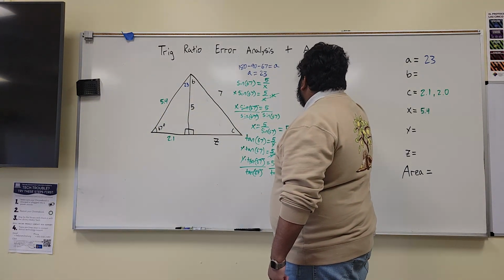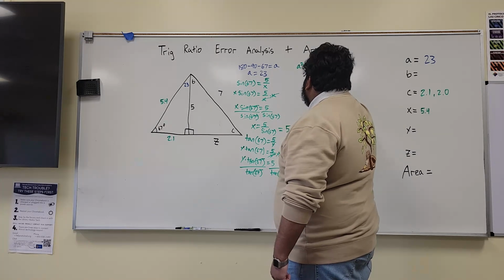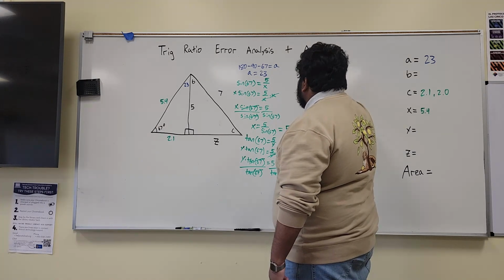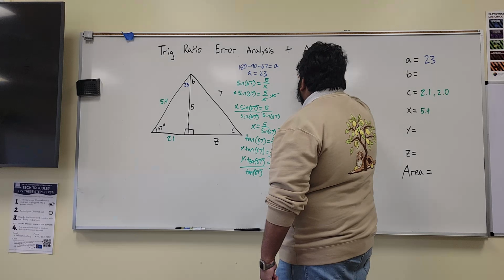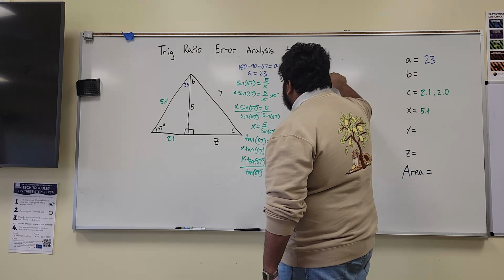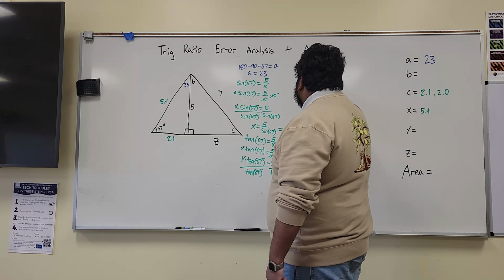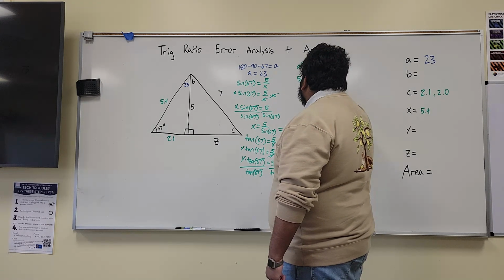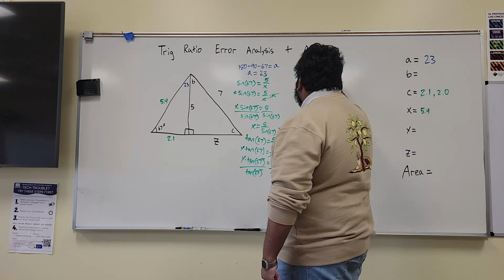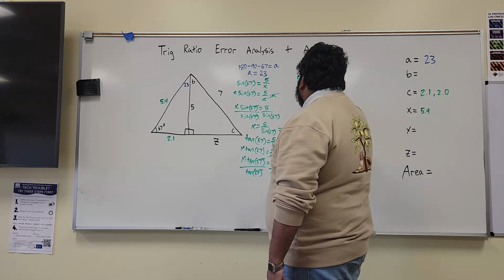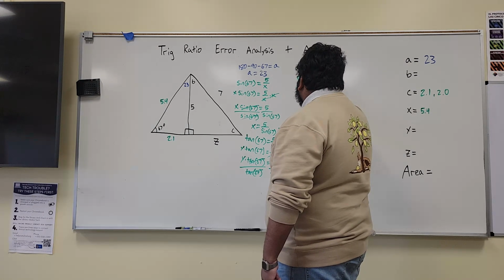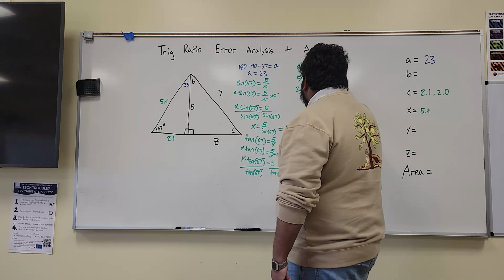So remember, that's a squared plus b squared equals c squared. A and b are our two legs, and c is our hypotenuse. So we'll say 5 squared plus z squared is equal to 7 squared. We're going to get 25 plus z squared is equal to 49.